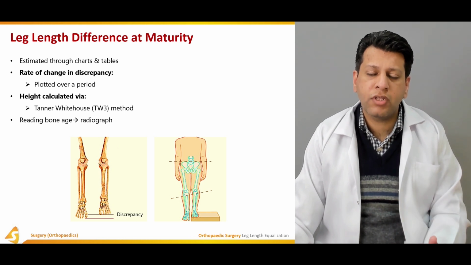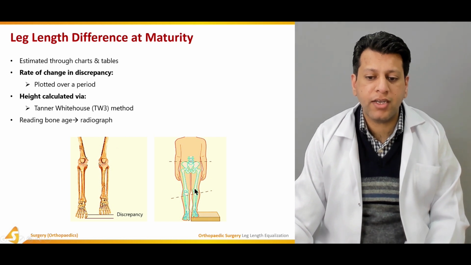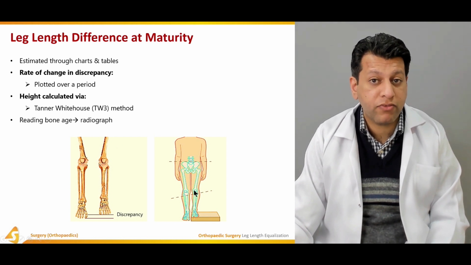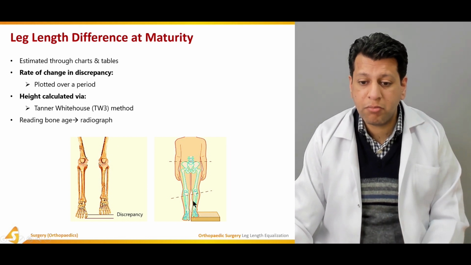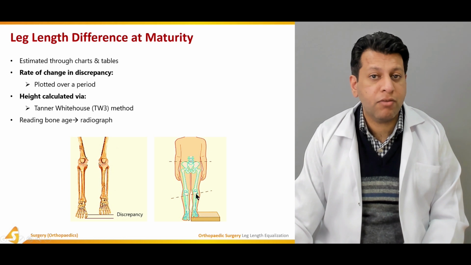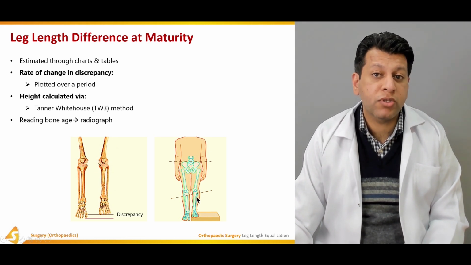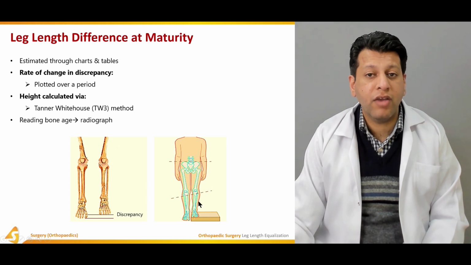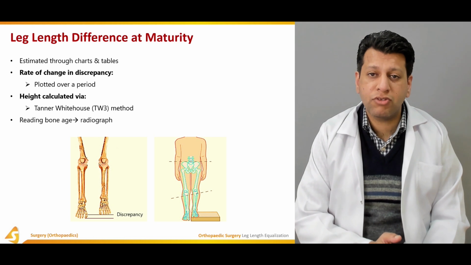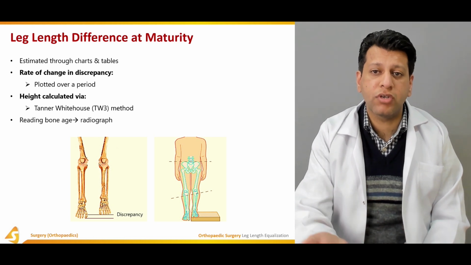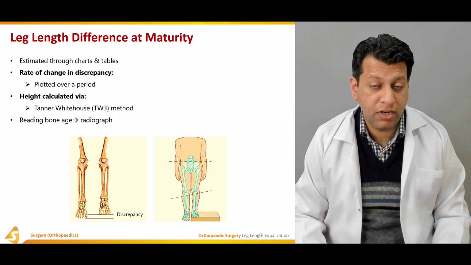And now if the limb length discrepancy is 2 centimeter, we know that 9 or 10 mm of growth occurs at the distal femur, and around 6 mm at the proximal tibia. So that would mean almost 16 mm of growth is occurring at this area. If that is damaged and the child is a female child of 8 years, then she is going to grow till 14. So she has still 6 years of growth present.